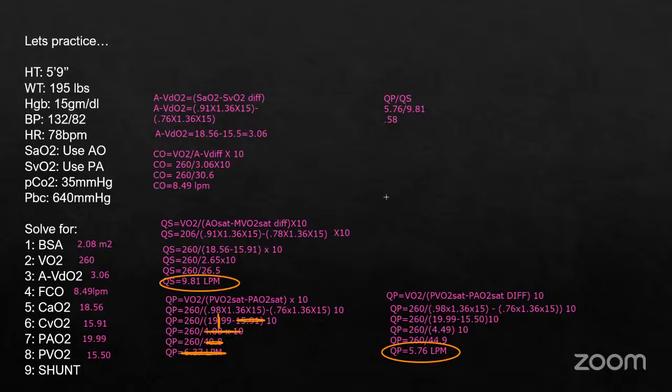So we said, let me write it down here, it is on your PowerPoints anyways: if your ratio is less than 1, your shunt is going to be right to left. If your ratio is bigger than 1, your shunt is going to be left to right.